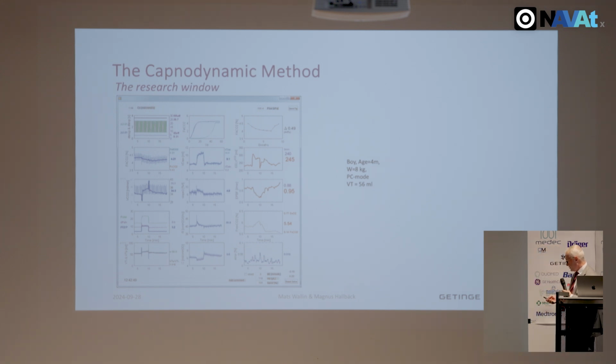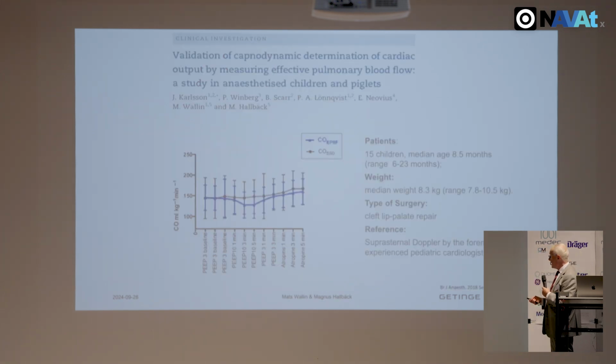This was the first clinical study, and it was published in the British Journal of Anesthesia a couple of years ago. The problem with clinical studies is how to find a good reference to see if your new method is working well or not.